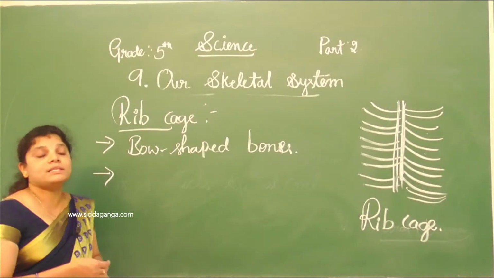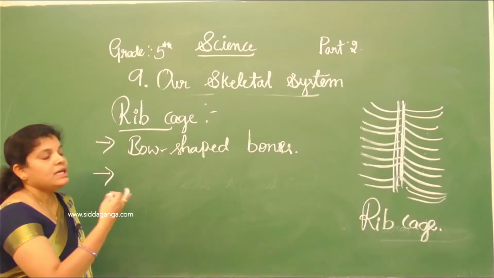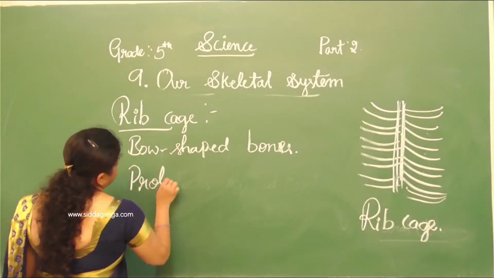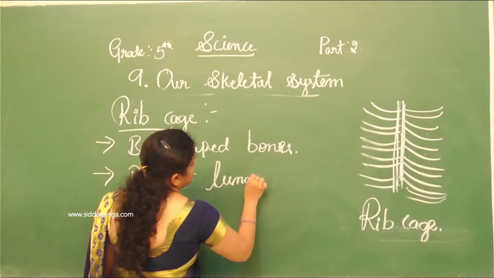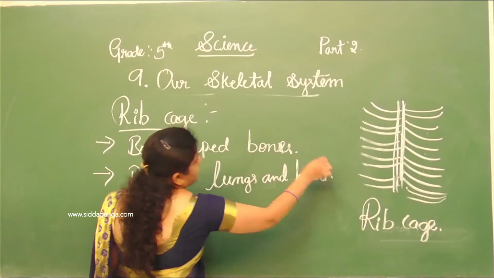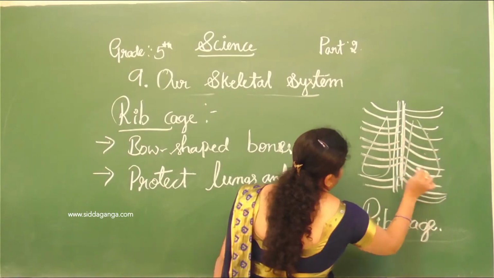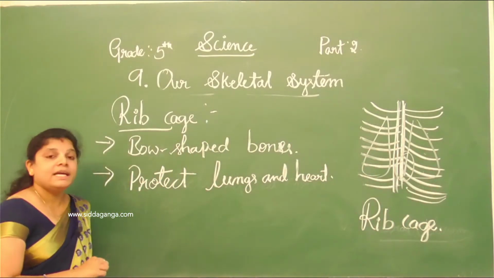So ಇದು ಇರೋದು ನಮ್ಮ ಚೆಸ್ಟ್ ಅಲ್ಲಿ. ಎದೆ ಭಾಗದಲ್ಲಿ this rib cage protects lungs and heart. Which one? Rib cage.